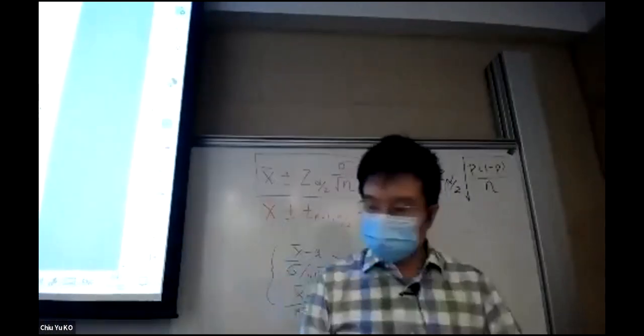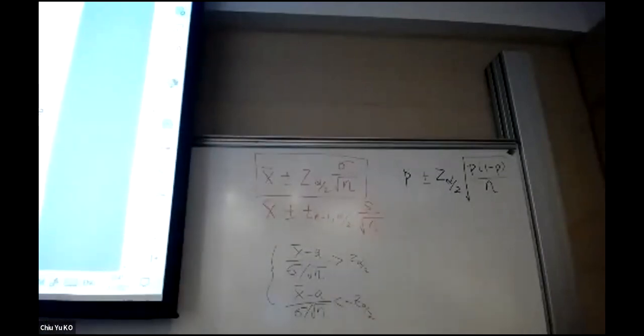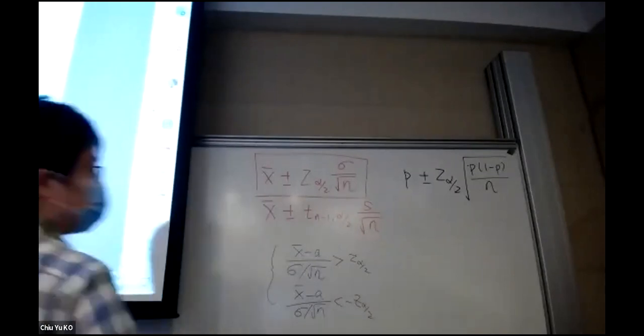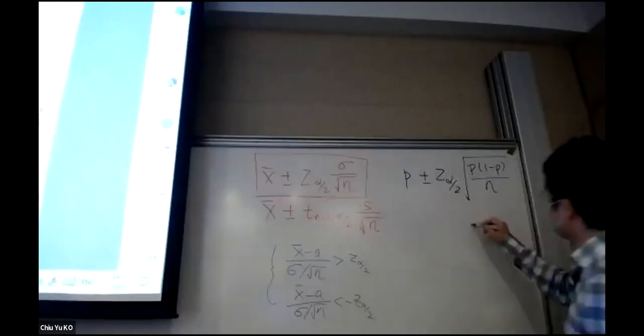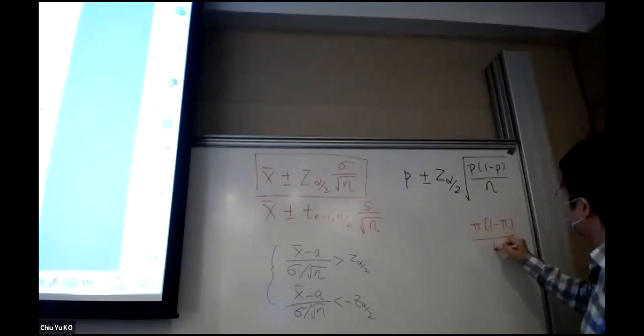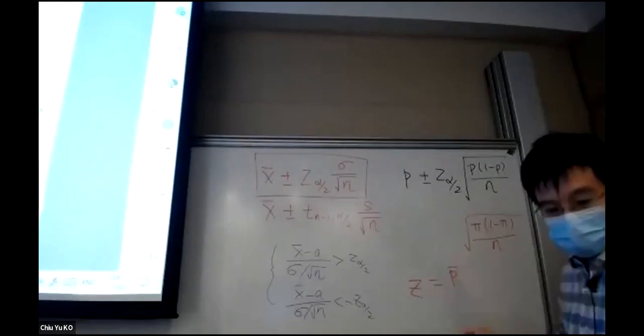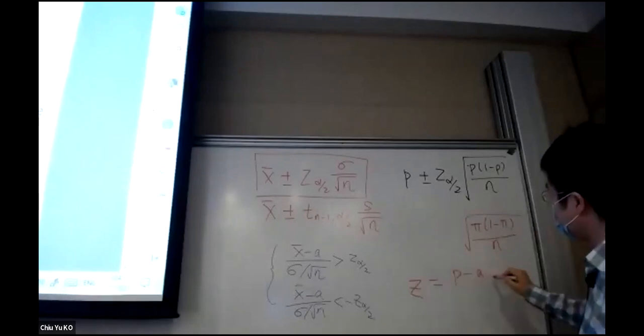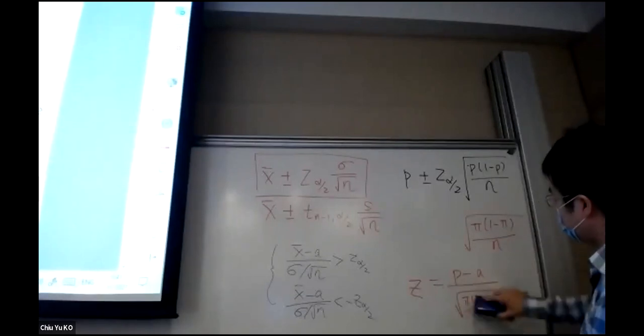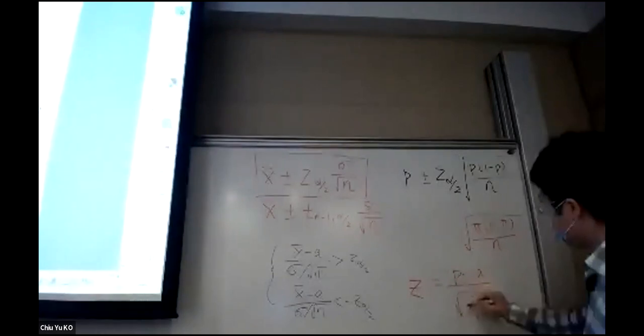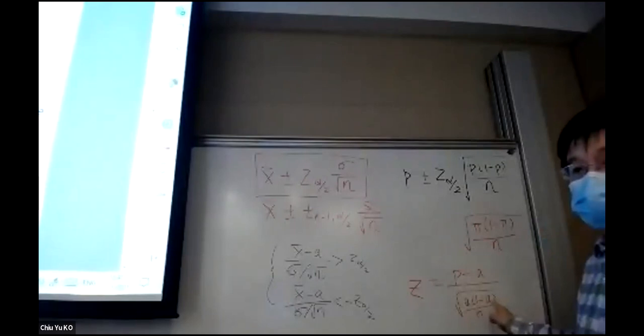The difference between the interval estimate and hypothesis testing is here: under the null, we know the mean is pi, and we do not use p here. We can use pi directly. So the z-test will be p minus A over this guy. The should be A, so it's not p minus p. That's the only difference here.